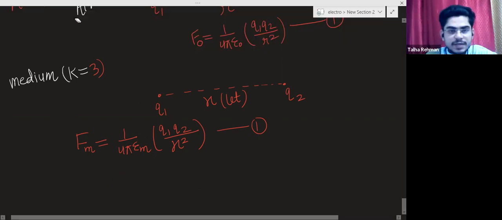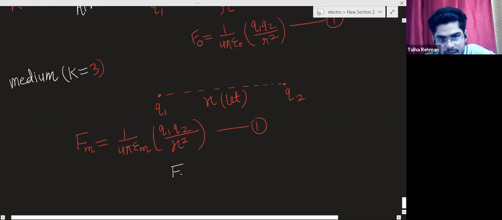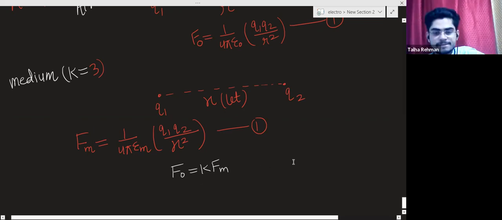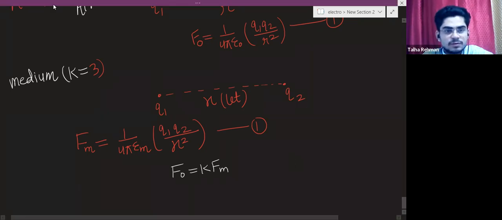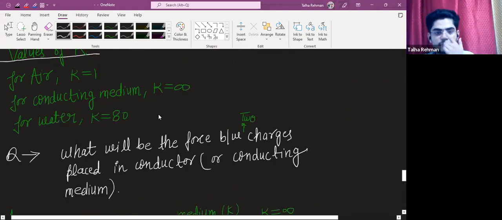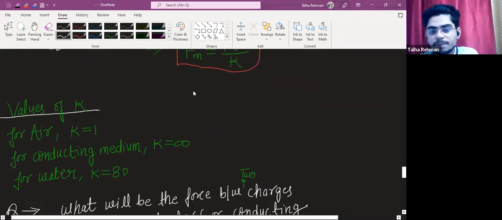Actually, we have that formula: F naught is equal to K times Fm. But there will be a problem, so we will use this formula also: epsilon m by epsilon naught is also K.